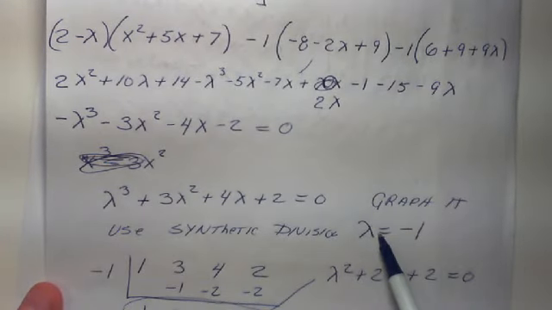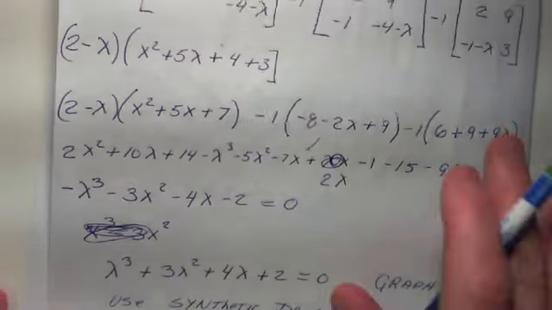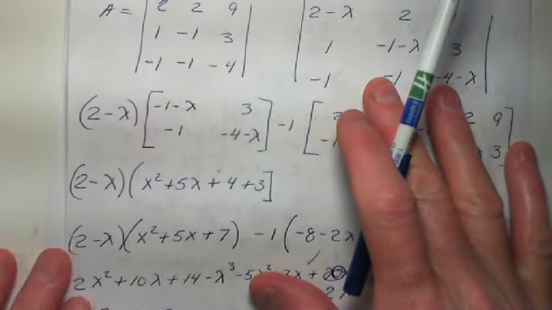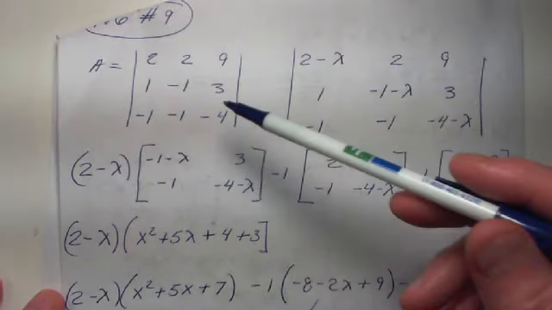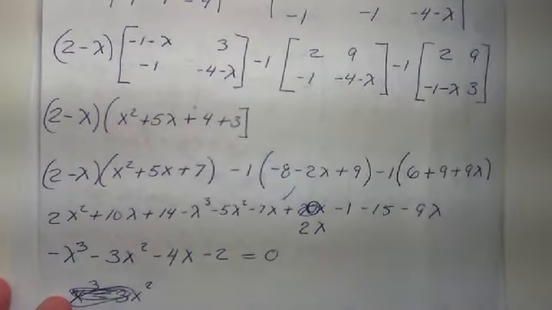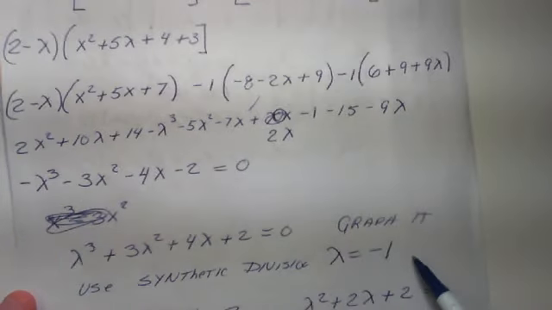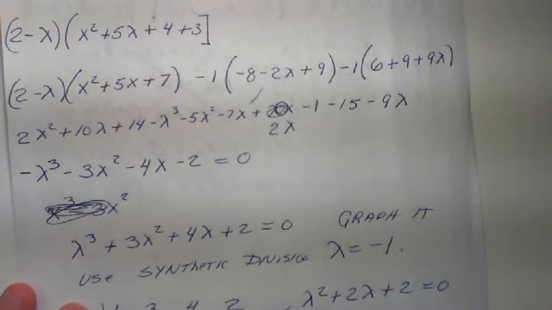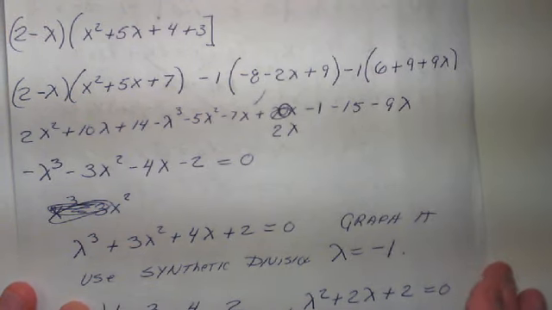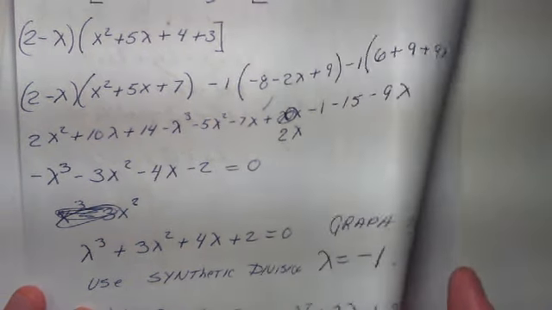When you got the lambda minus 1, then what you'd want to do here is go back to this one here, and you want to run it through where you take A minus (-1) times identity. Again, that one you're going to get a lot cleaner matrices. Just go ahead and run that through the calculator and determine the determinant, and that'll give your other solution.